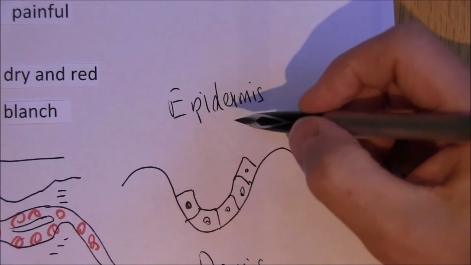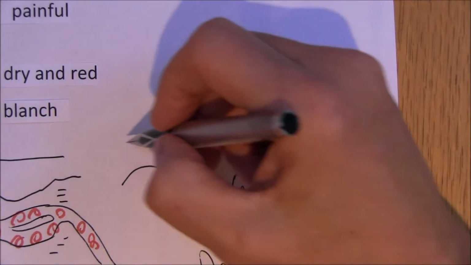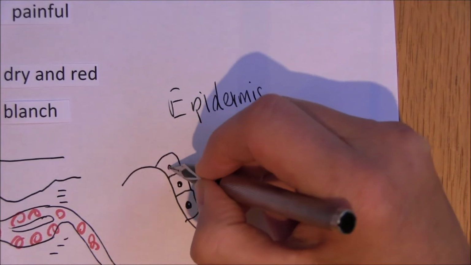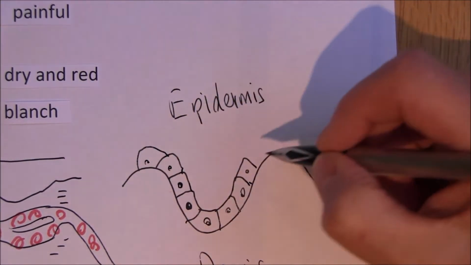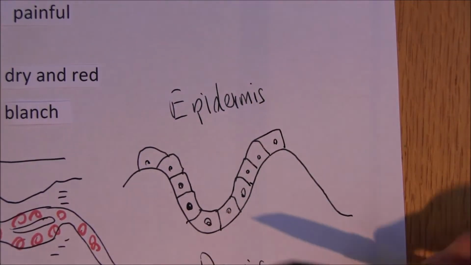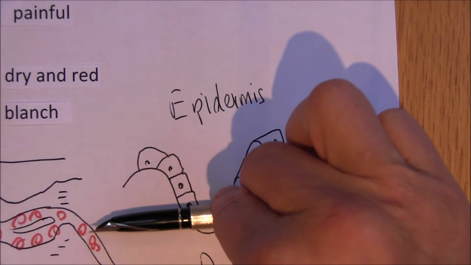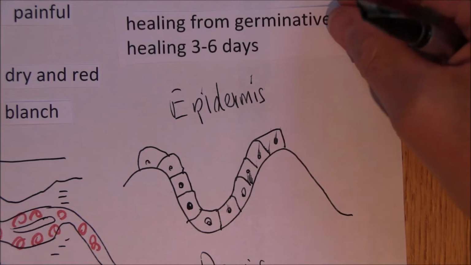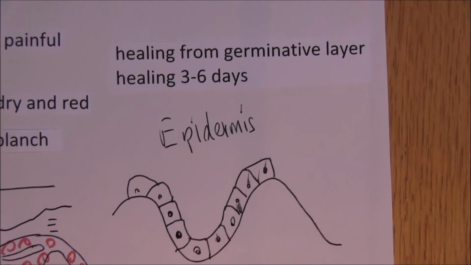And in superficial burns, these cells, these stem cells, they're actually keratinocytes, will carry on dividing, and the cells will move up the way, completely healing the epidermis, allowing healing to occur without scar formation.